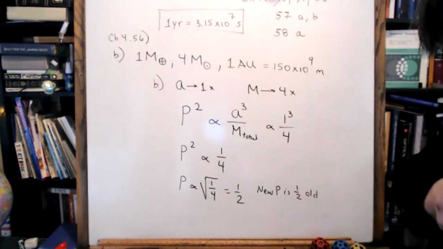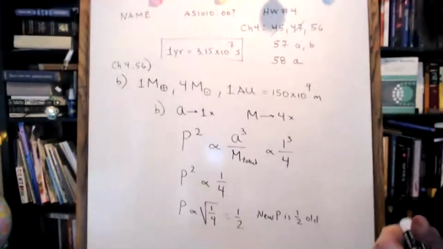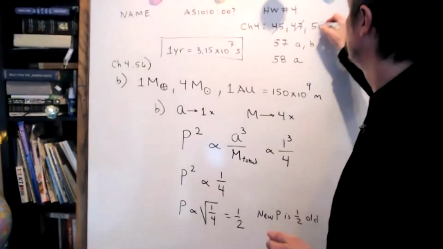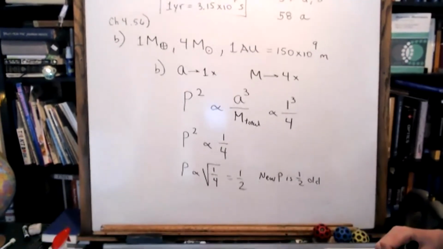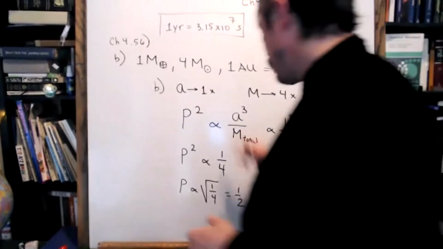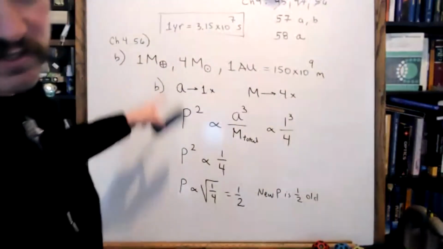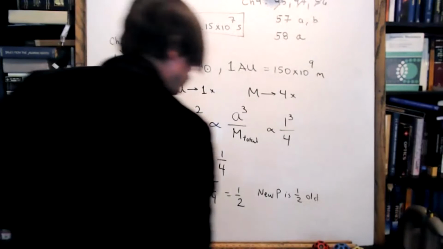All right, lesson over. Question 3 down the hatch. It's time to move on to question 57. Can I erase? I hope you took away that message there. That's an important message.